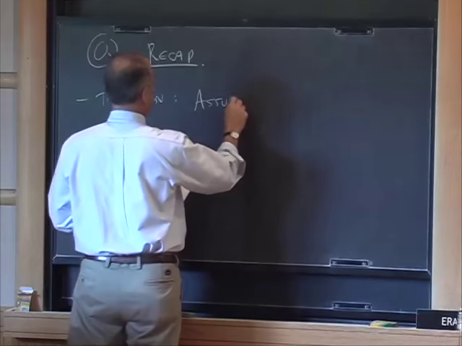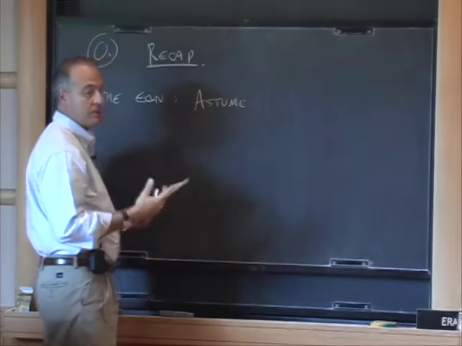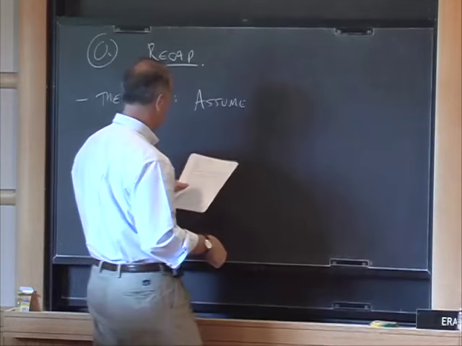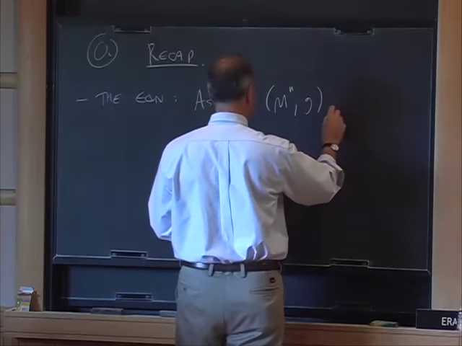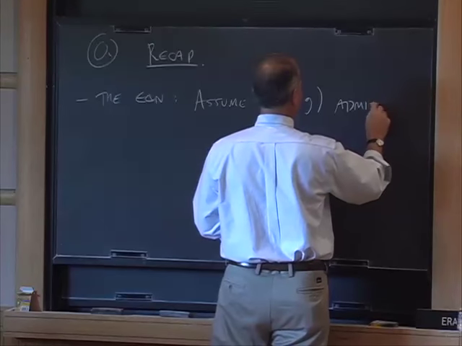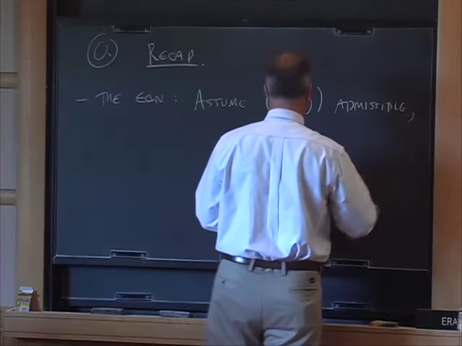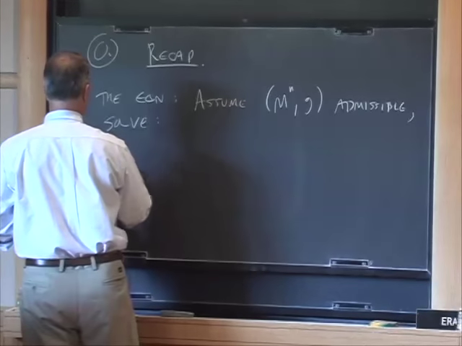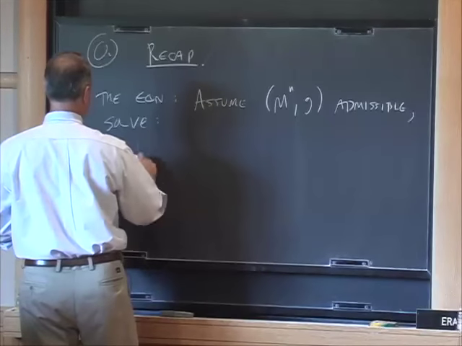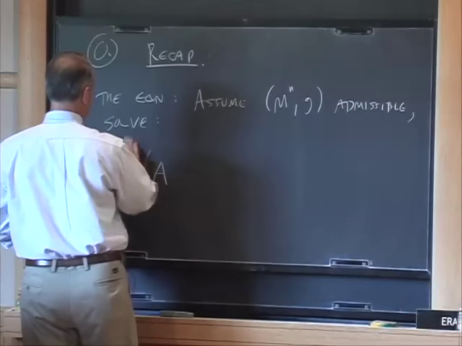Again, in studying this equation, we need to make a certain geometric assumption that ensures the equation is elliptic. Call it admissibility. So we assume that this underlying metric is admissible, and we want to solve the following PDE. The kth symmetric function of the conformal Schouten tensor.